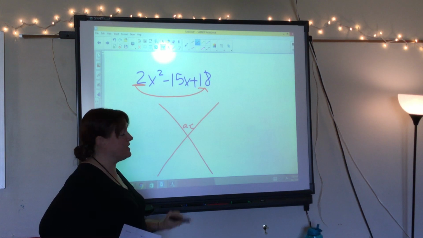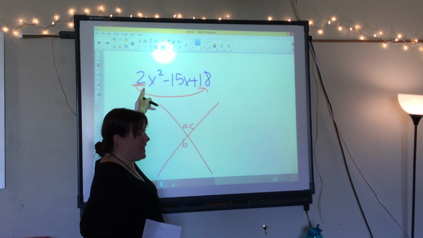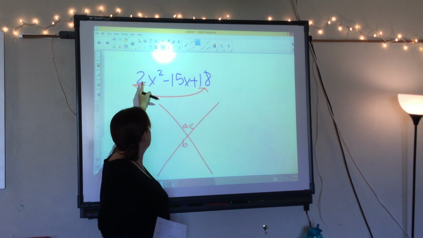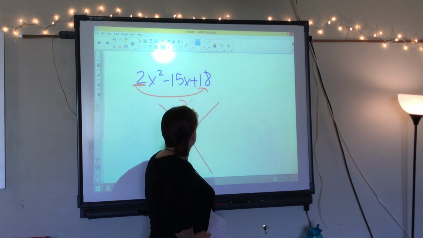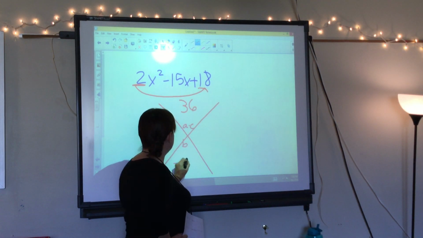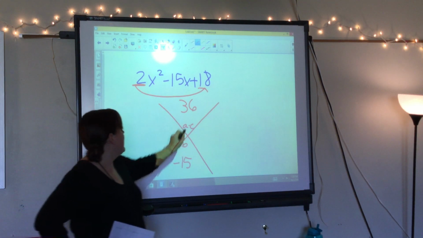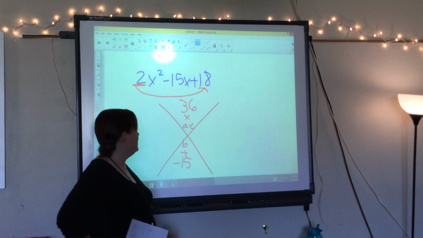On the bottom we do b, just like we did before. But this time our a is 2, not 1. Before our a was always 1. So we're gonna say 2 times 18, which is 36. And then I still put my b down here, negative 15. Now I need to find numbers that multiply to 36 and add to negative 15.